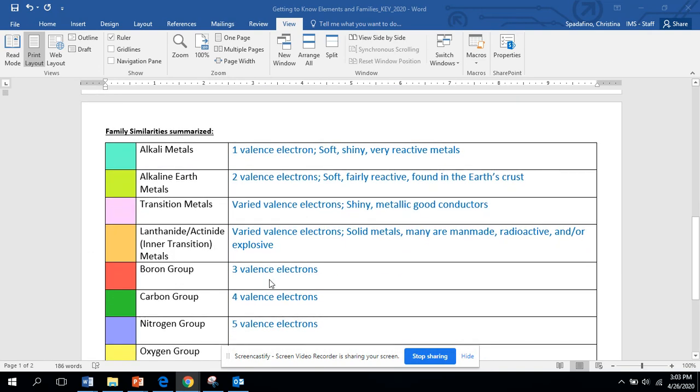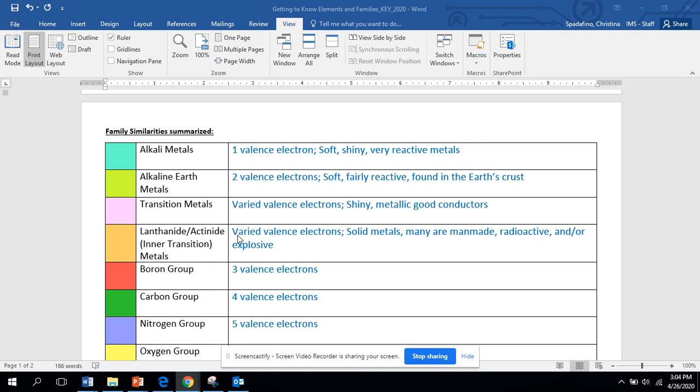Again, make sure you bring your colors down here where they belong. I had this kind of pinkish color on the lanthanide, actinide metals, your intertransition metals.